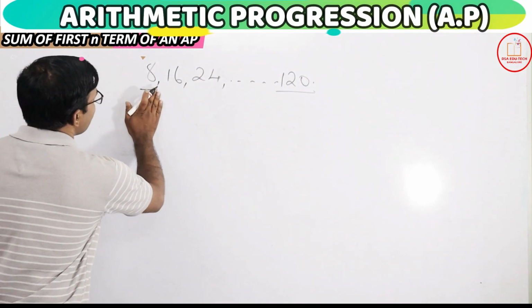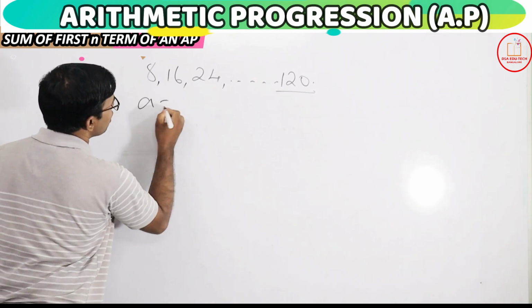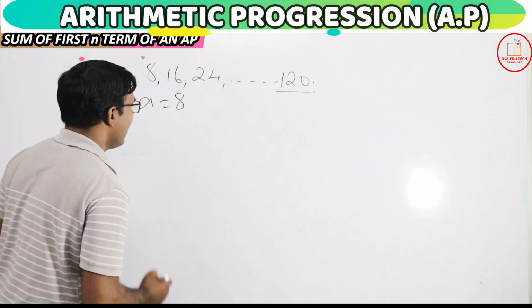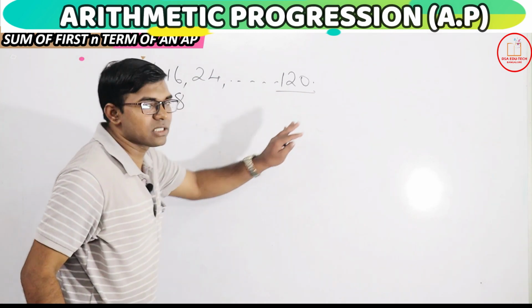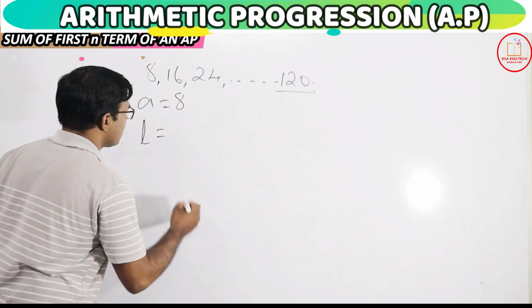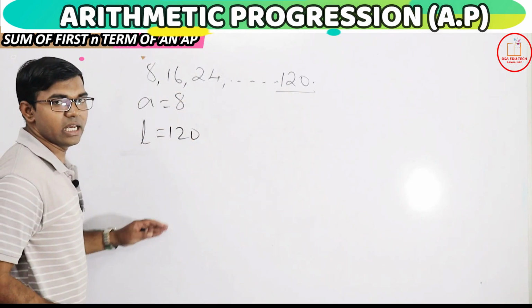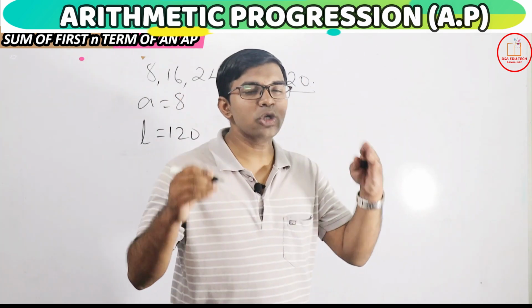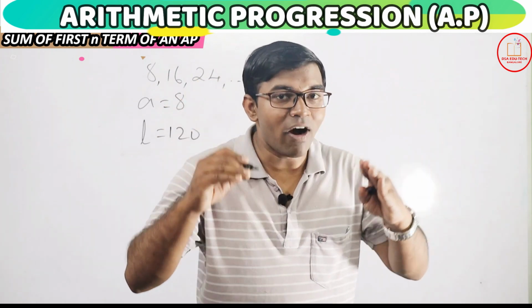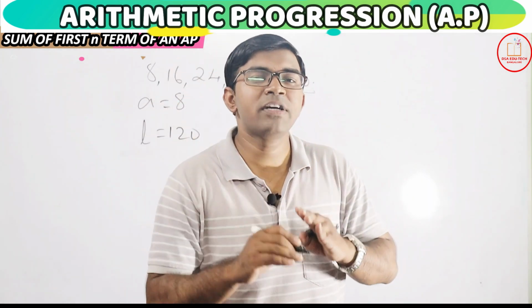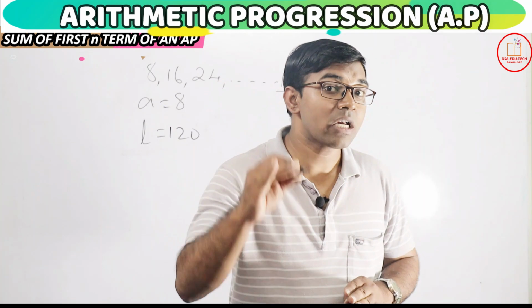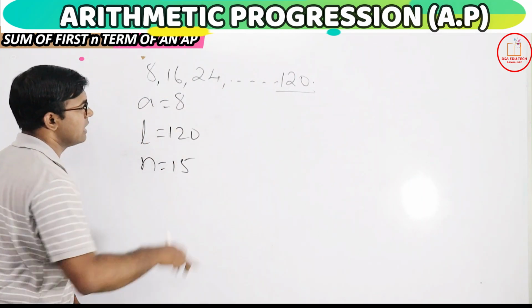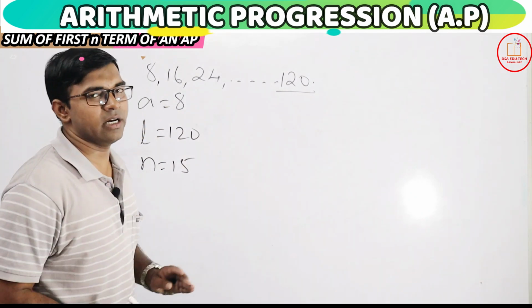Given data: a is equal to 8, and the last term l is 120. And now do we know the value of n? Yes sir, we know the value of n because they are telling find the sum of 15 terms, right? So basically n is equal to 15.